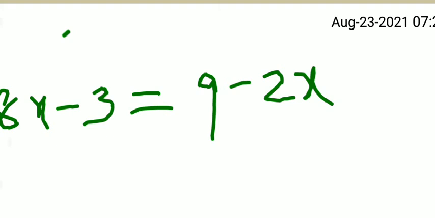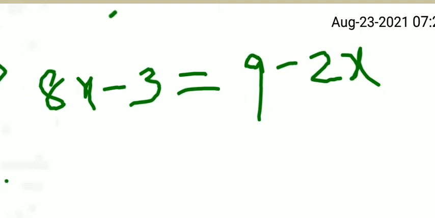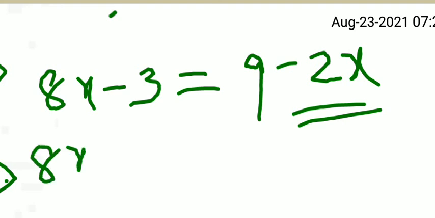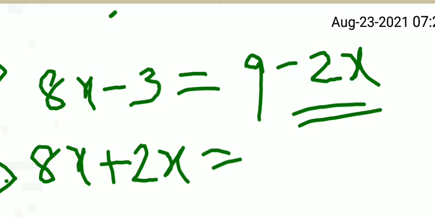Now you can see that minus 2x is on the right hand side, so you have to shift it to the left hand side. So it will be 8x, minus 2x will be plus 2x, equal to 9, which is already on the right hand side.